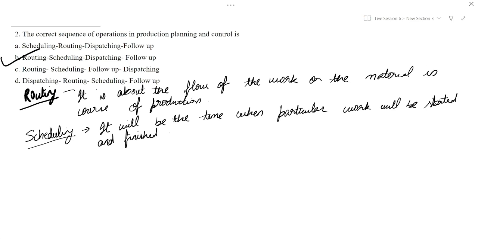So it will also tell us the sequence in which the operations will be done so that it will be completed on time. Next is dispatching.